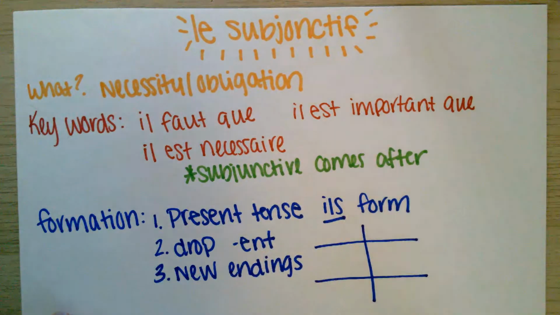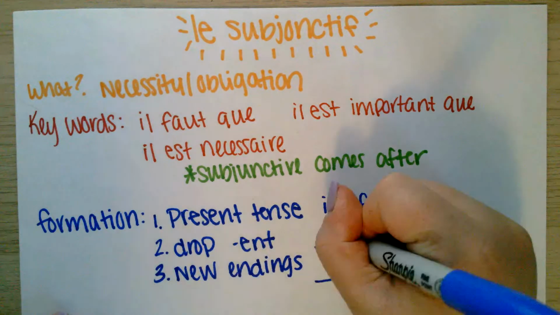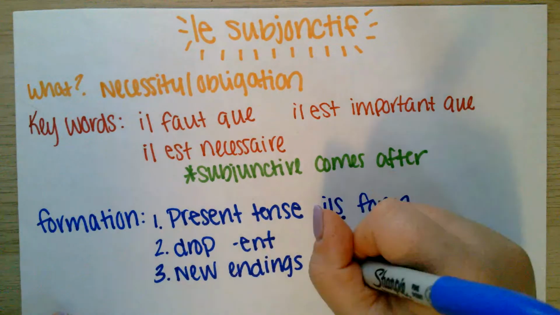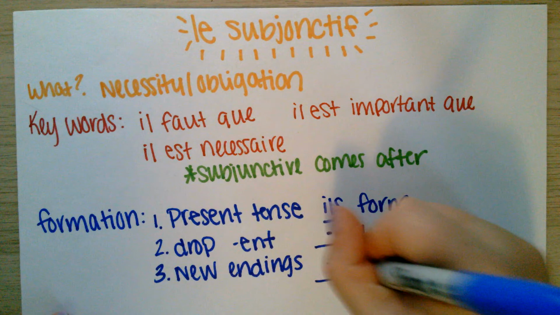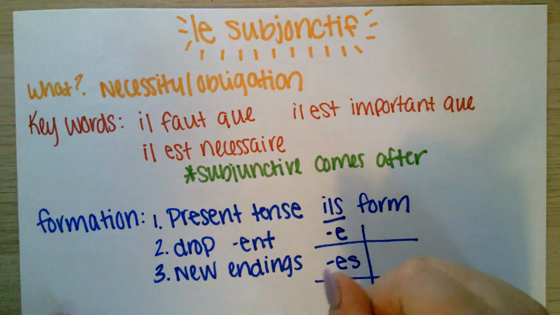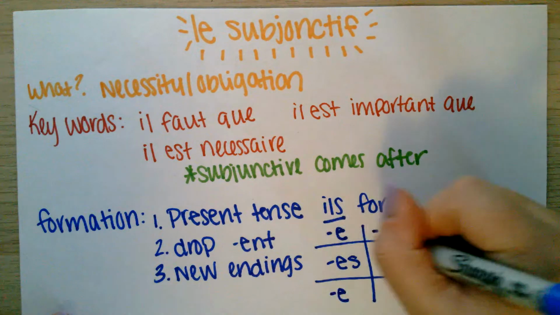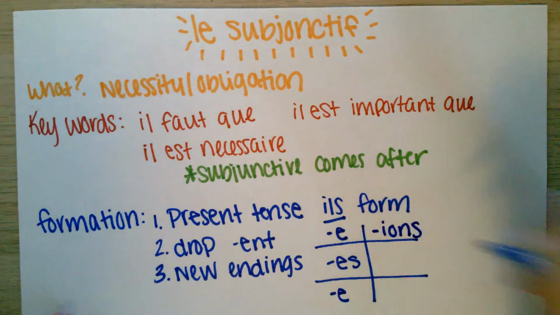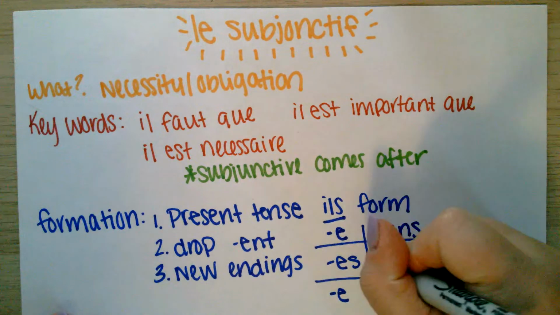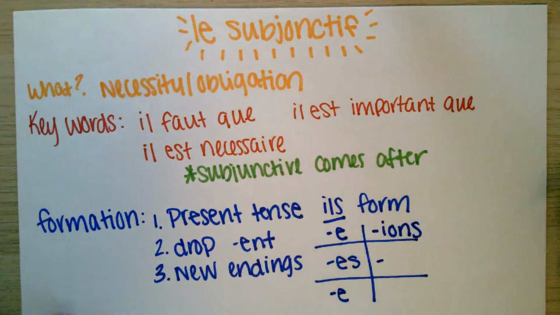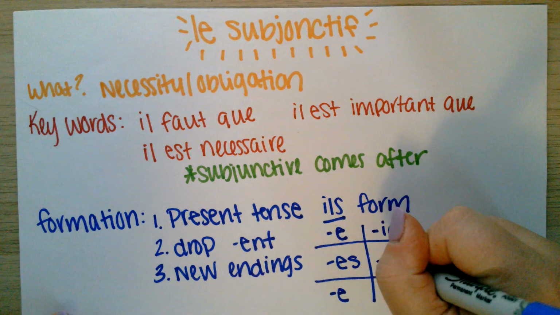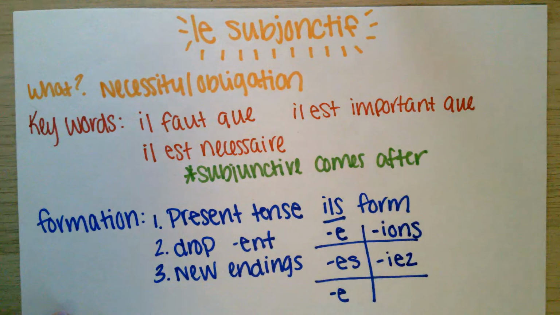For je, you're going to add e. For tu, es. For il, elle, on, e. For nous, we're going to add ions. Next, for vous, iez. And for ils, elles, we're going to add ent.